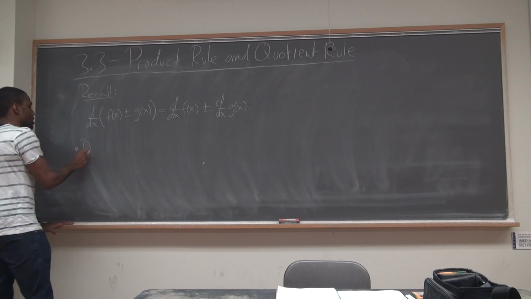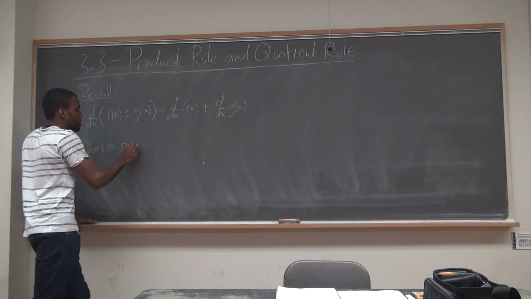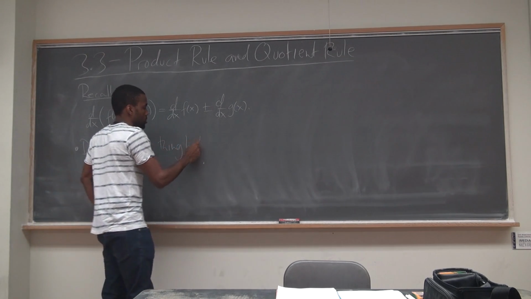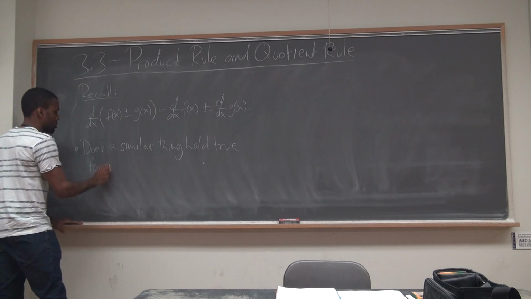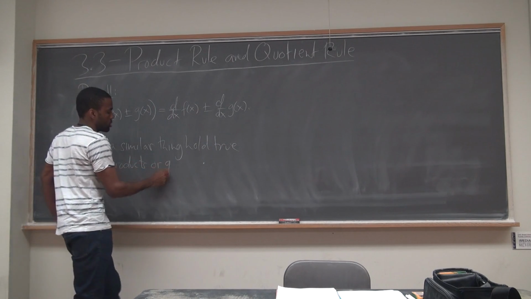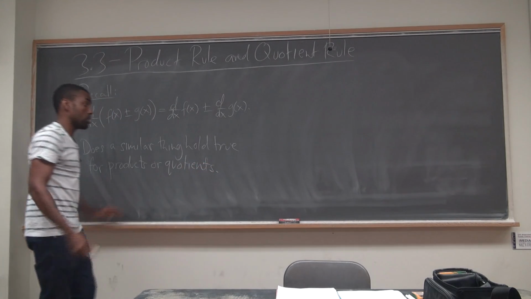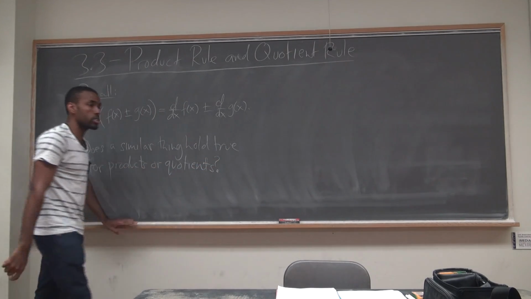The question is, does a similar thing hold true for products? Quotients, which means you're finding the division of something. That's the question that this section is going to answer.